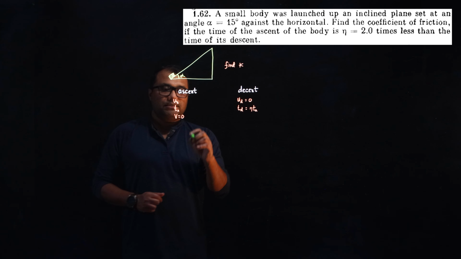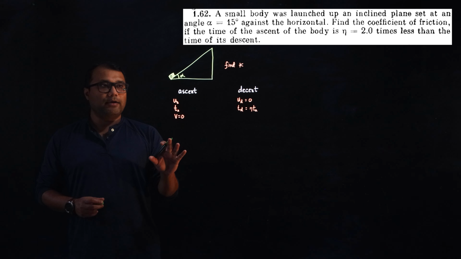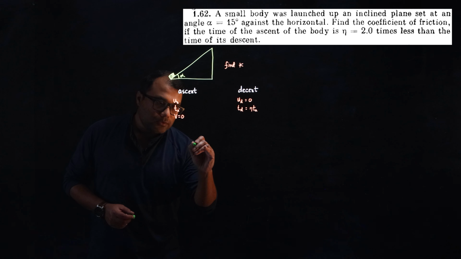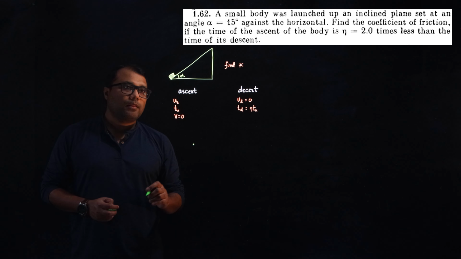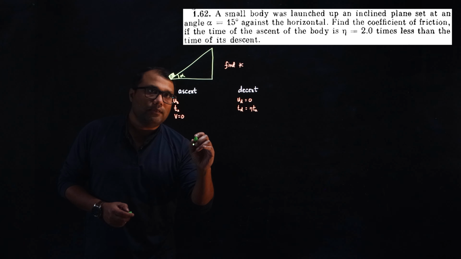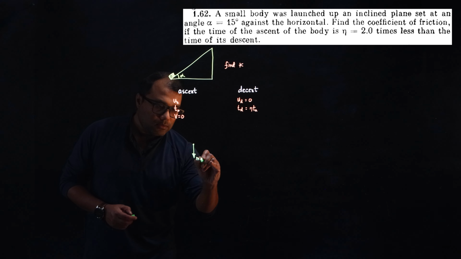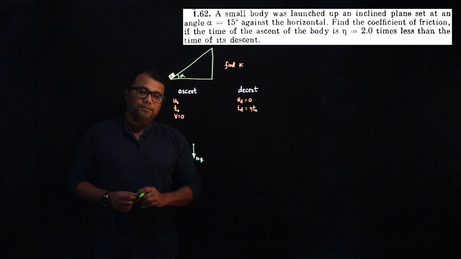So let's draw the free body diagram for the upward journey. In the upward journey there is mg in the downward direction.